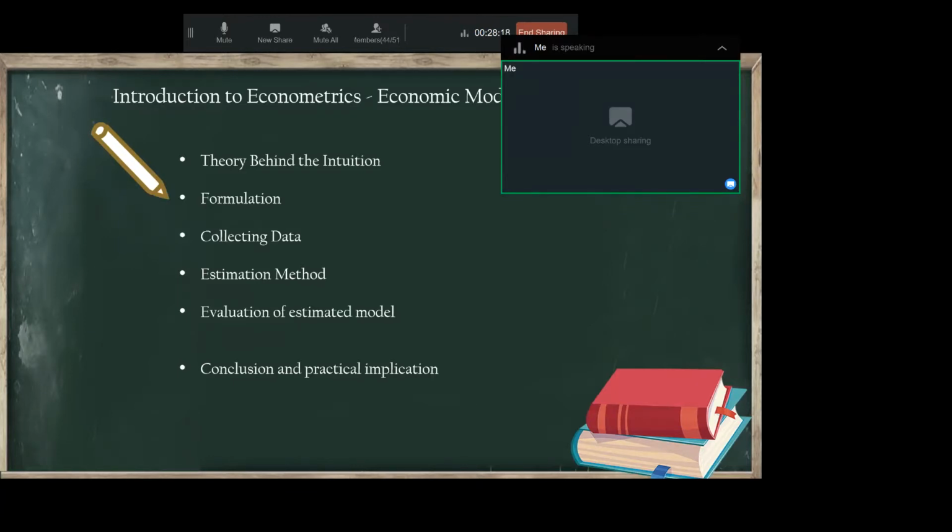And last, are all these parameters explaining things in the same way the theory explains them? And at the end, we go for the conclusion and its implication. If everything is accordingly, then we conclude that our hypothesis cannot be rejected, and we can infer the real life scenario or the practical implication of our theoretical model.